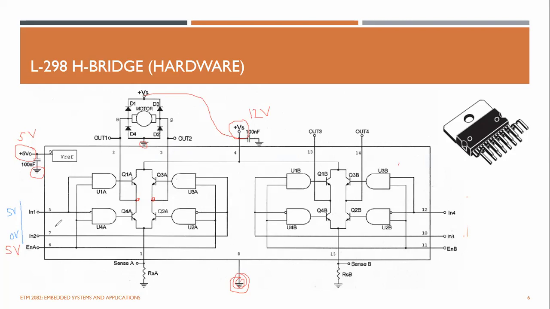In that case, ENA is 5 volt, so this is logic 1, and this is logic 1. And here also this is logic 1, and this is logic 1. And IN1 is 5 volt, so this is logic 1, and this is an AND gate, so this should be logic 1, which means this transistor is now turned on.